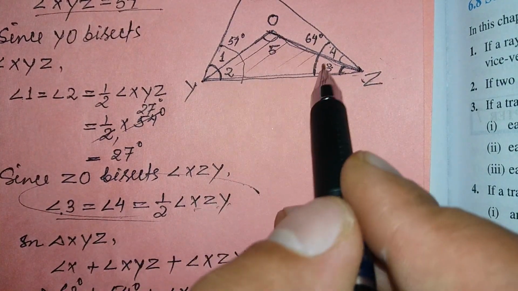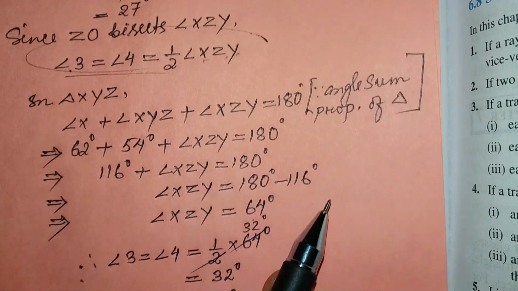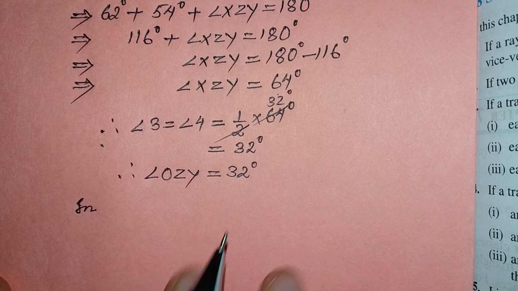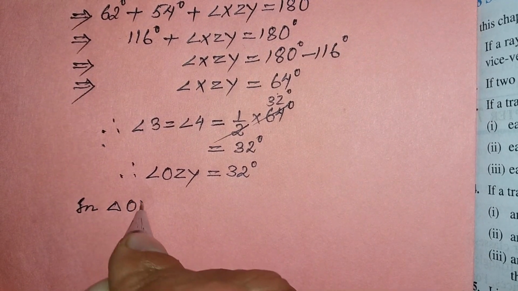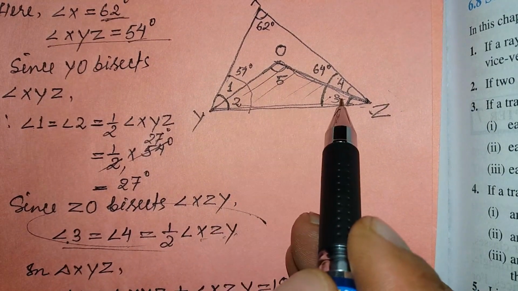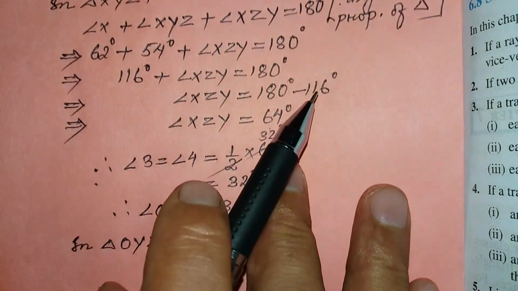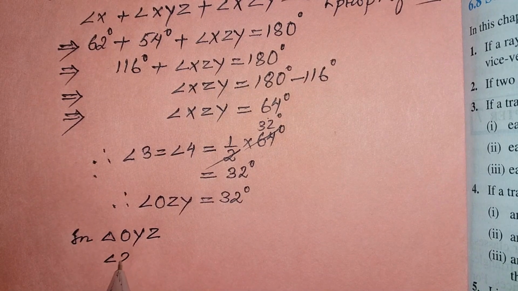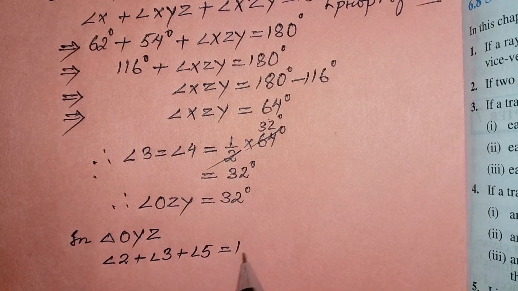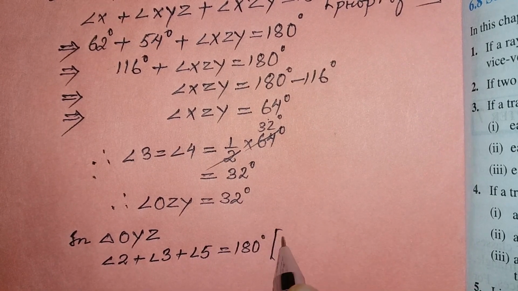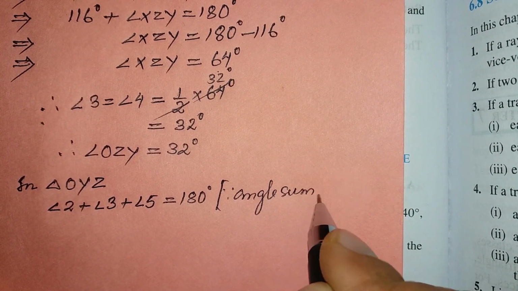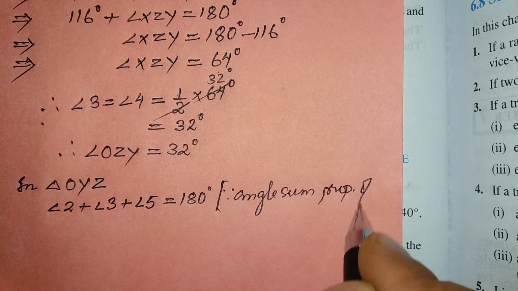In triangle OYZ, angle 2 plus angle 3 plus angle 5 is equal to 180 degrees. This is the angle sum property of a triangle.